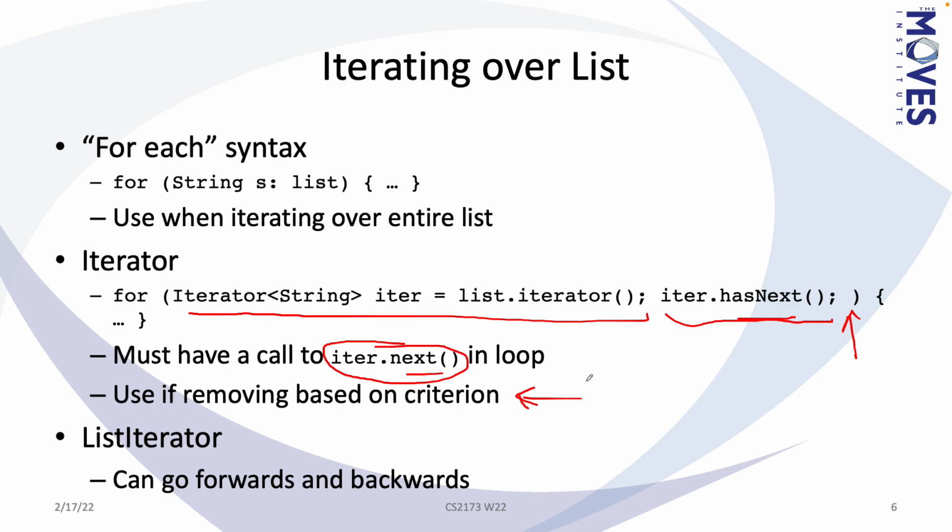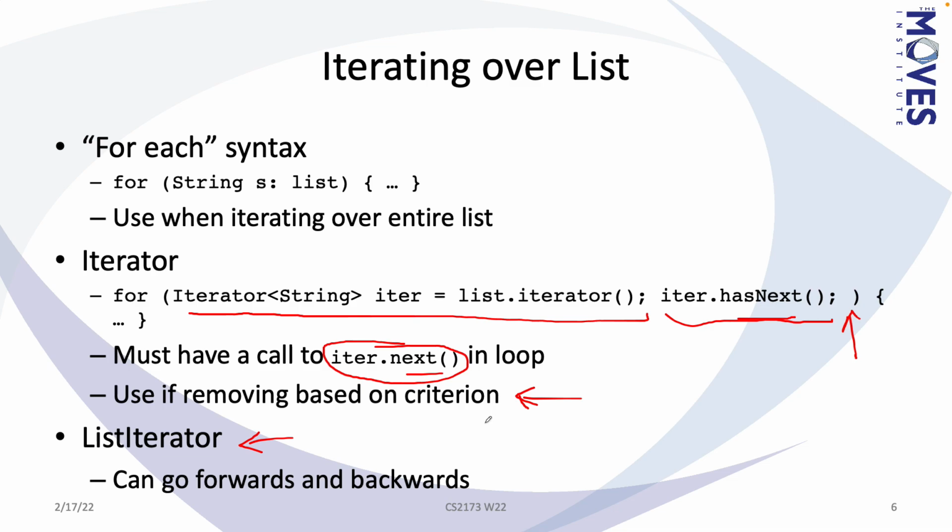So instead, the iterator for these has a method called remove, and maybe not today, but at some point we'll see an example of that and why that's important. This has only come up for me maybe once or twice in a long time, but there is something called a list iterator that can go forwards and backwards.